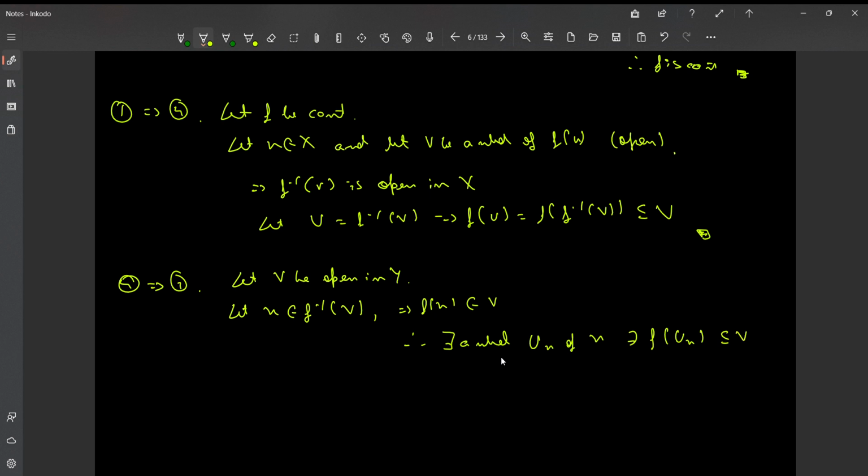Therefore, there exists a neighborhood U_x of x such that f of U_x is contained in V. But that implies U_x is contained in f inverse V. But then f inverse V is nothing but the union of all these U_x. Each of these U_x are open sets because they are neighborhoods of x. So an arbitrary union of open sets is open. So that implies f inverse V is open. Right? And that's exactly what we need to prove.